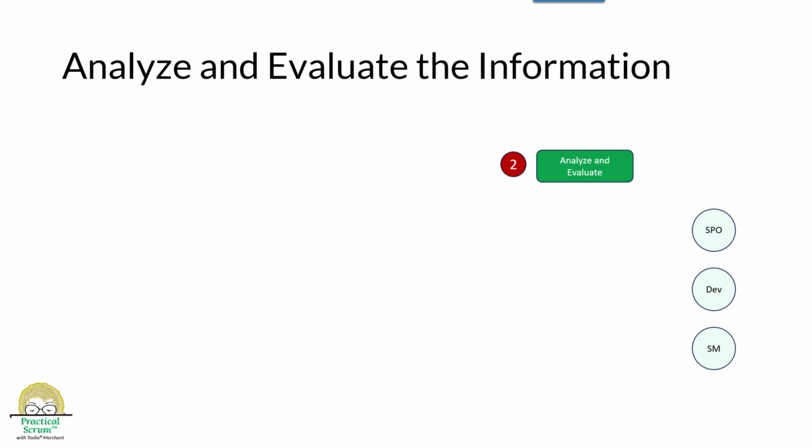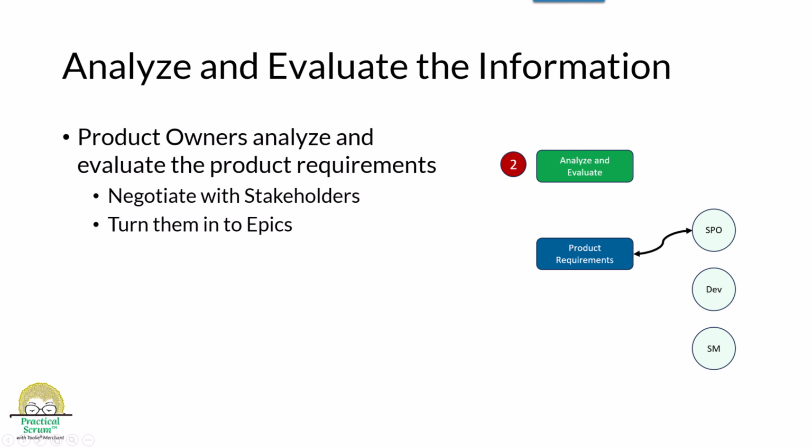We've addressed the idea that we've gathered the required information, or at least identified all the interested parties. Now let's talk about what we do with the information. For analyzing and evaluating the information, product owners do analyze and evaluate the product requirements, and they negotiate with stakeholders on priority. They then process them into epics and features, depending on the task tracking tool's operating model.